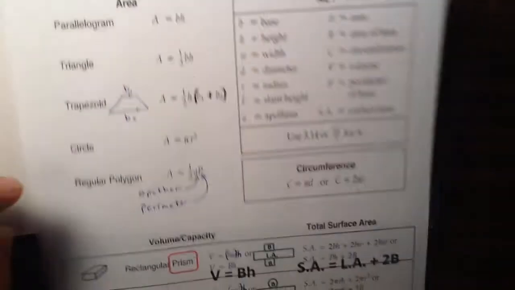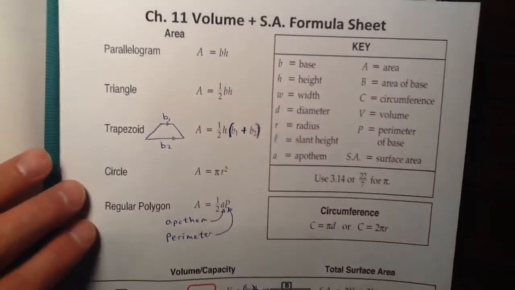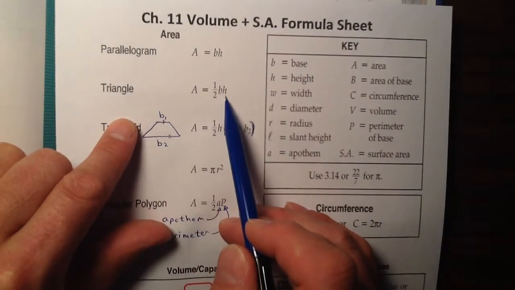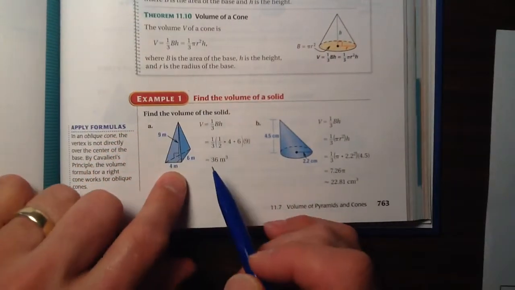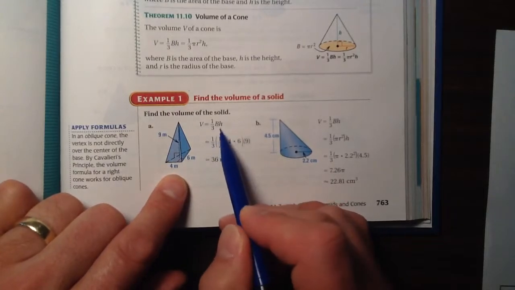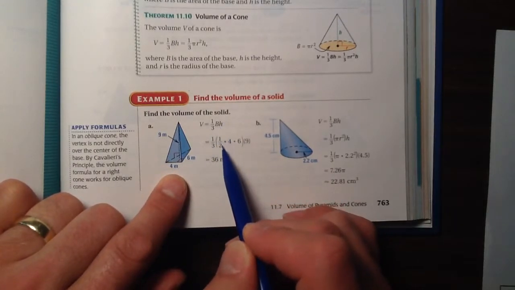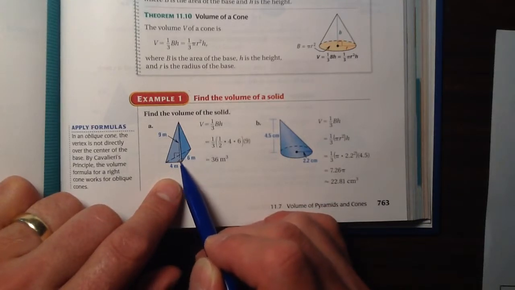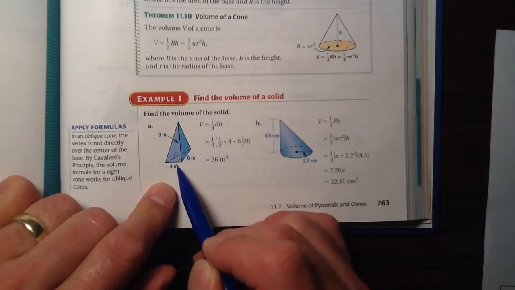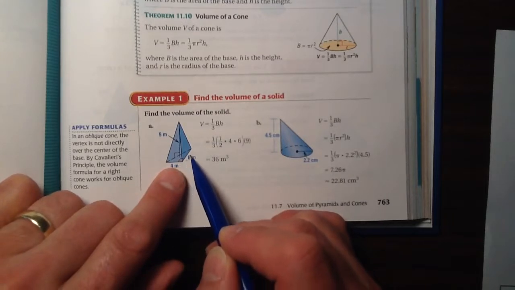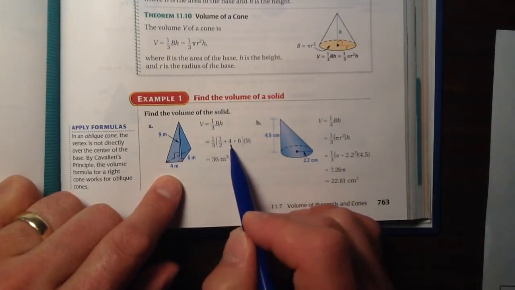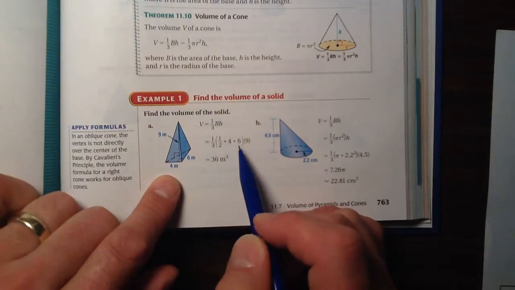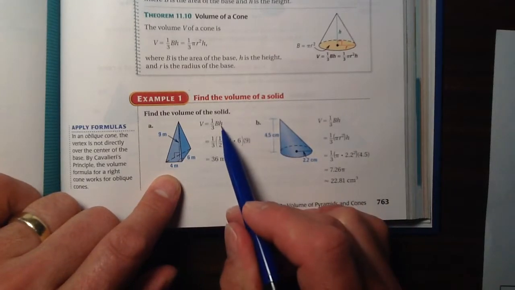So we go back to our formula sheet, and the area of a triangle is 1/2 base times height. So the area of the base, capital B, is 1/2 base times height. In this case, it happens to be a right triangle, so this can be our base and this can be our height. So our base is 4, our height is 6, 1/2 times that, and then times the height.